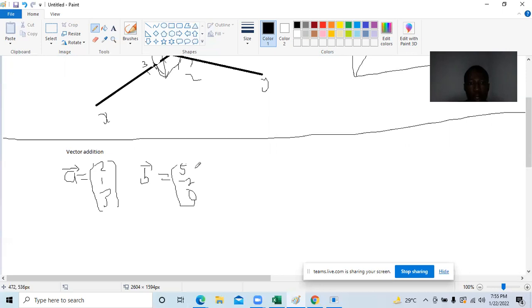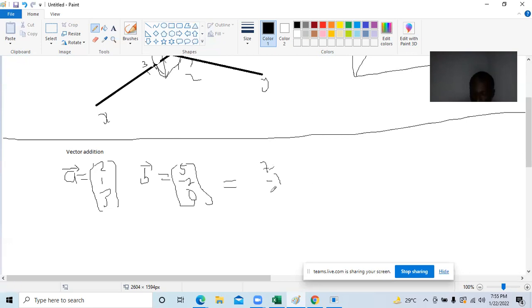So what will be the combination of vector A and vector B? Anyone? What we do is we add what is on the x-axis together, we add what's on the y-axis together, and we add what's on the z-axis together. So vector A plus vector B will give us 2 plus 5, that's 7. 1 plus minus 2 is minus 1.